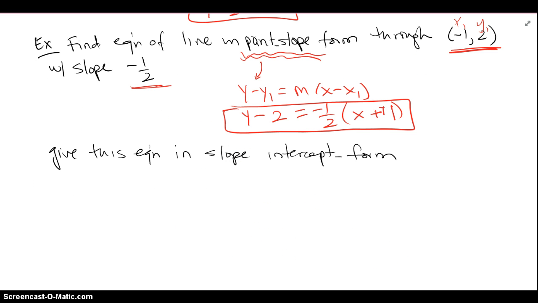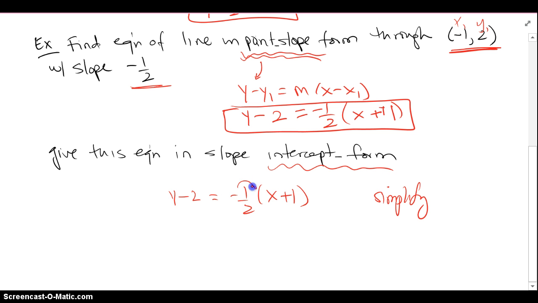Now let's say it was the exact same problem, but it said give the equation in slope-intercept form. All I have to do is take the point-slope form, which is y minus 2 equals -1/2 times (x plus 1), and simplify it. So I have y minus 2 equals -1/2 x minus 1/2. Now I'm going to isolate y to get it in y equals mx plus b form, and that's going to give me y equals -1/2 x.